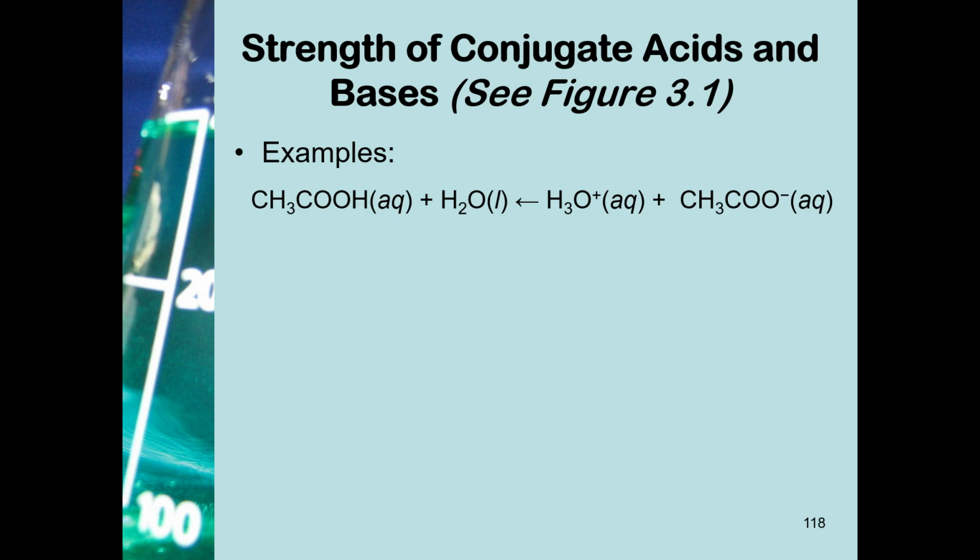And what's left over after it gave away its hydrogen ion or its proton is the structure way over on the right, the CH3COO negative. That's the acetate ion, C2H3O2 negative, and that is a stronger base because it will accept a proton.